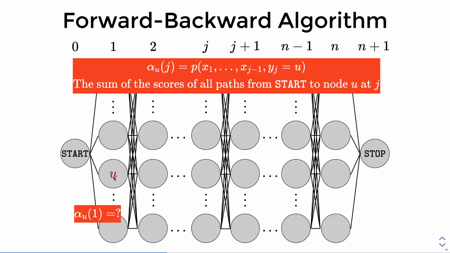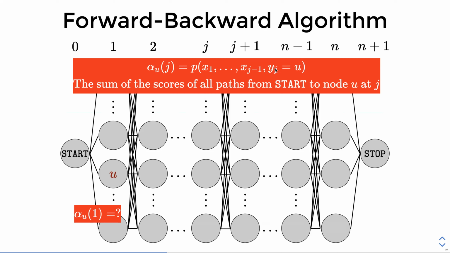Is there anything else? Is there an emission as well? To answer this question, let's look at the definition of alpha uj. This is alpha u1, which means j takes the value 1. That means we don't have any x here.